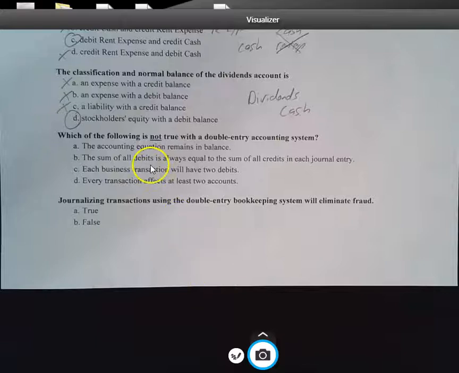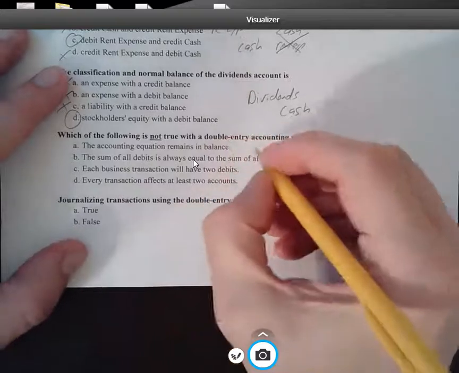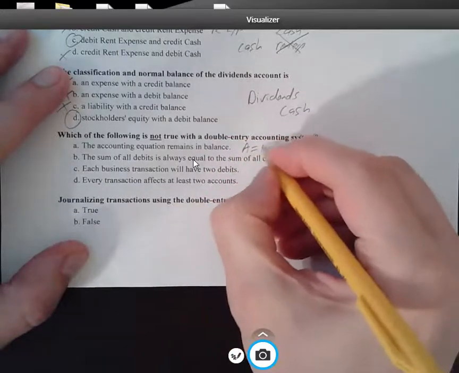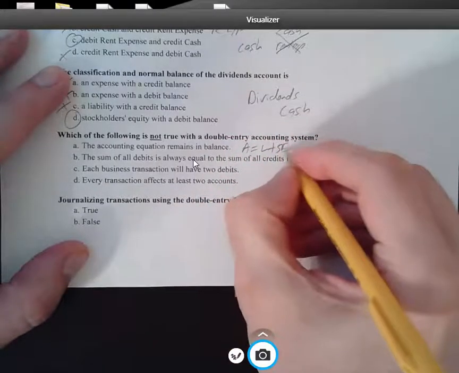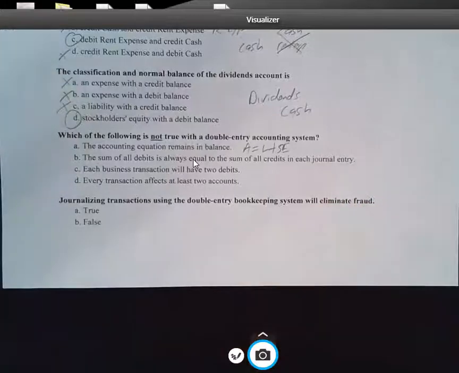What we're saying when we say remains in balance is rather that assets will still equal liabilities plus stockholders' equity. And that is true. So that's not going to be our answer because it is still true.